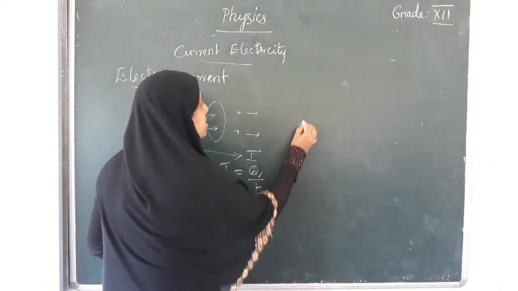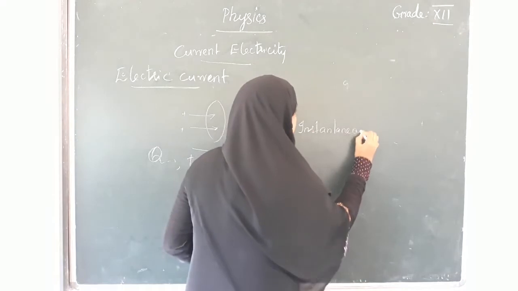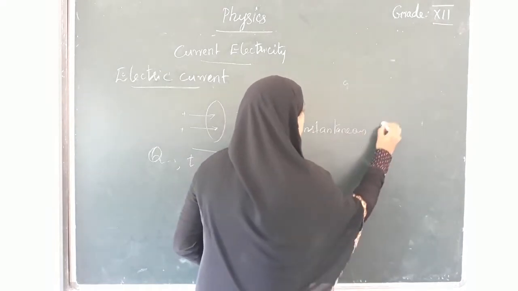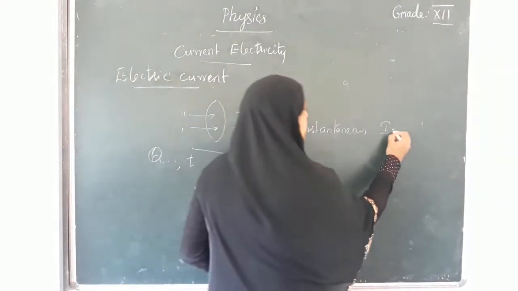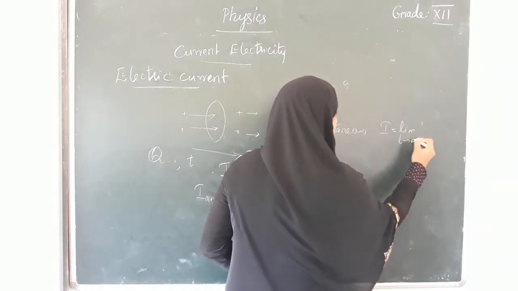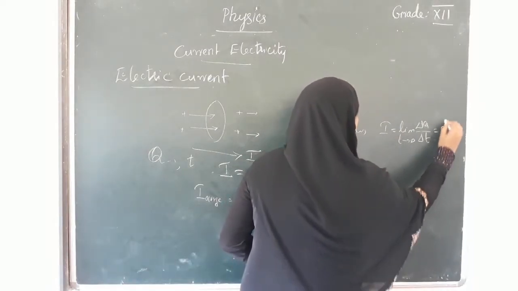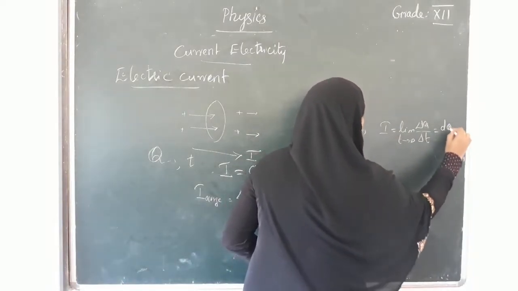Otherwise, the instantaneous value of current can be written as the limit t tends to 0 of delta Q by delta t, that is equal to dQ by dt.